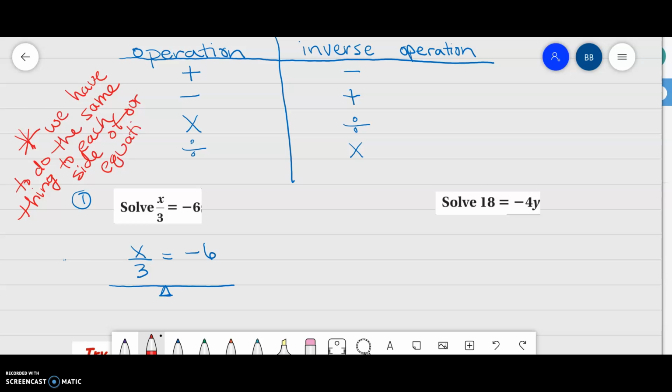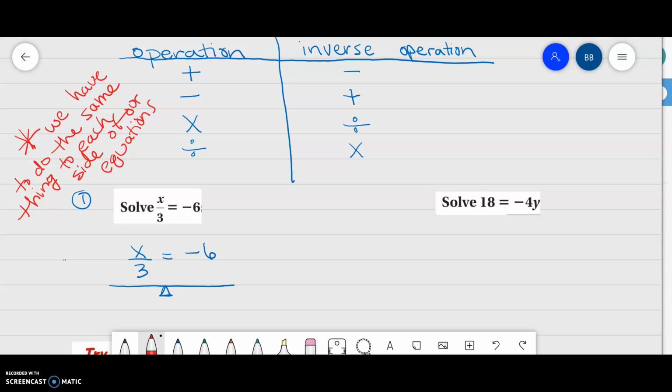And that's just to help keep it balanced, because if you don't do the same thing to each side, it won't be balanced, and when you solve for x, it won't satisfy your equation, or it won't make it true. And so what we do when we're solving these is we look at the side of the equation that has the variable on it, and we're trying to get the variable on its own or isolated, so we want to undo whatever is being done to the variable.